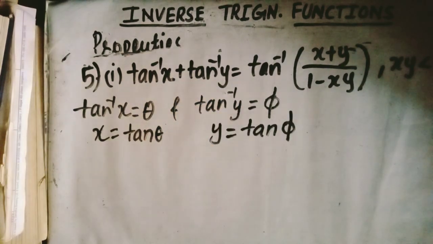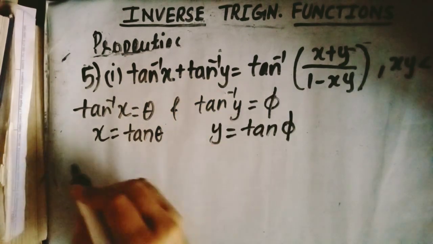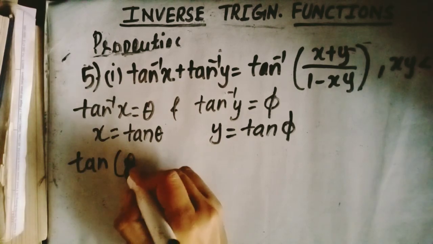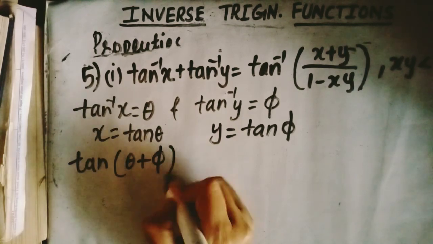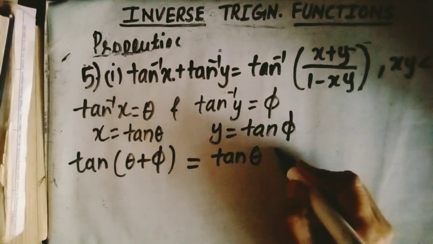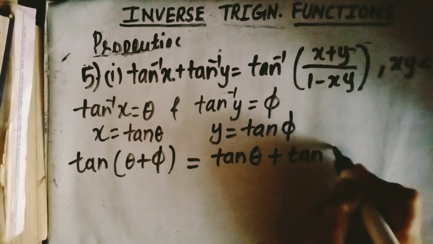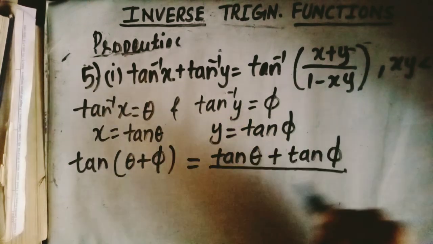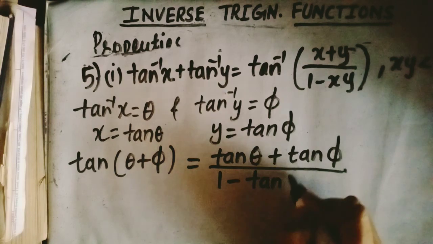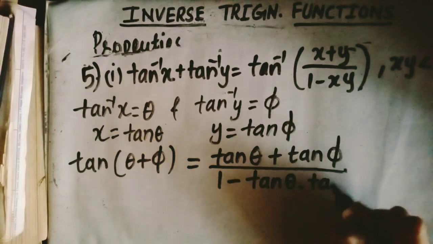Now using the trigonometric identity, tan of theta plus phi, like tan of a plus b, is tan theta plus tan phi upon 1 minus tan theta into tan phi.